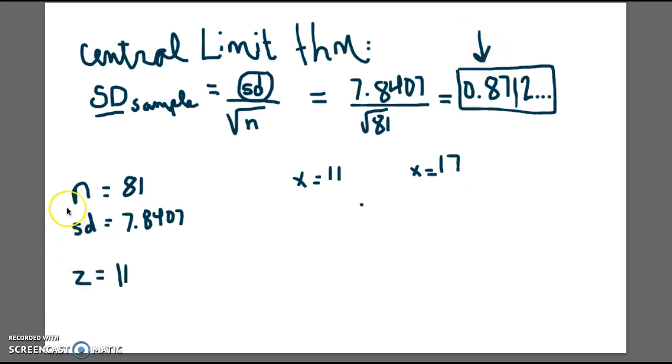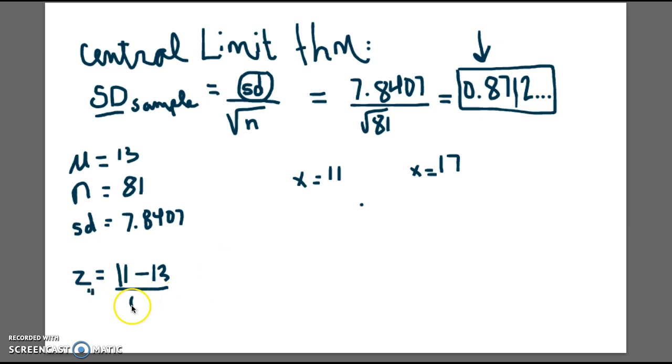Also, just quickly a reminder from the central limit theorem, it says that for large values, the sample mean will be the same. So we're going to keep our same mean of 13. So I'm going to quickly do these out here. 11, take away 13.